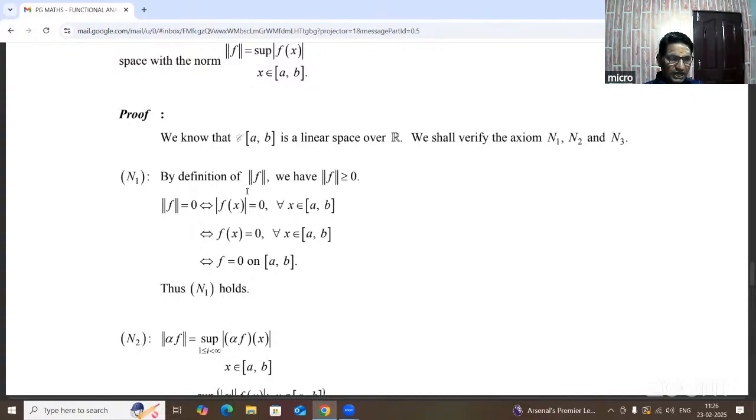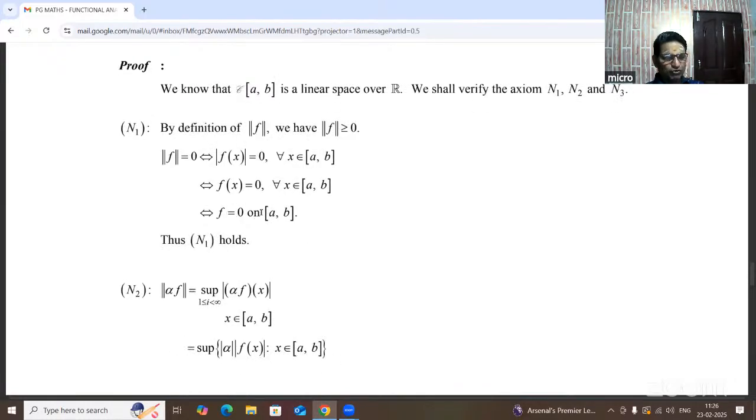Now, first of all, the norm of f is greater than or equal to 0. If the norm of f equals 0, then simply f(x) equals 0. That is the necessary and sufficient part, and you must mention if and only if here: f equals 0 on the closed interval [a,b]. So the first condition holds good.